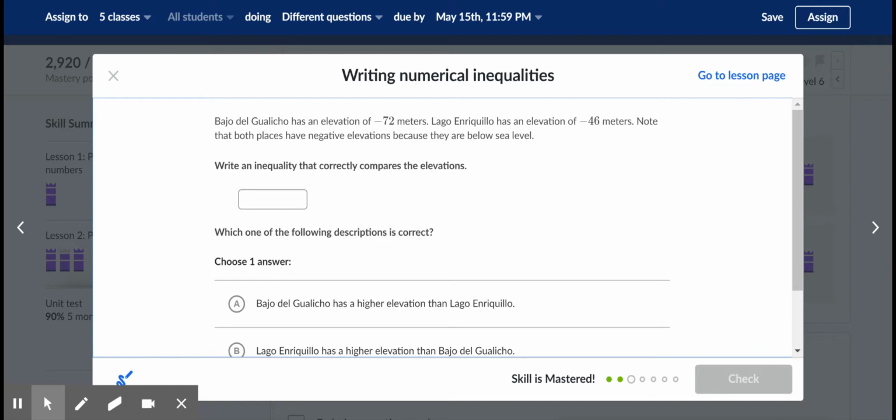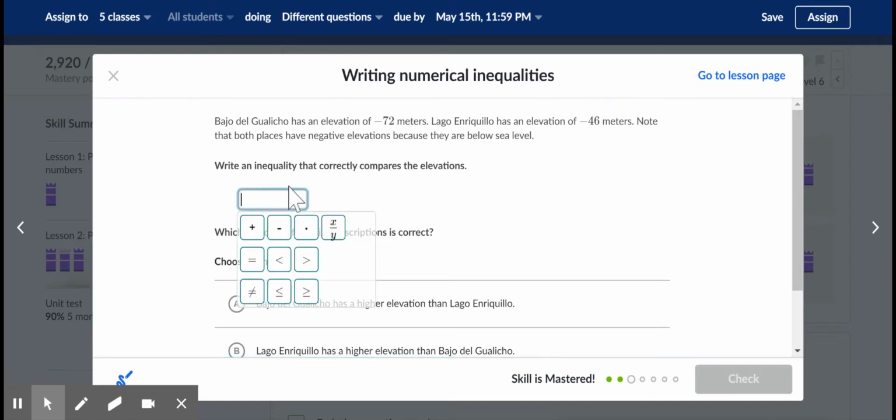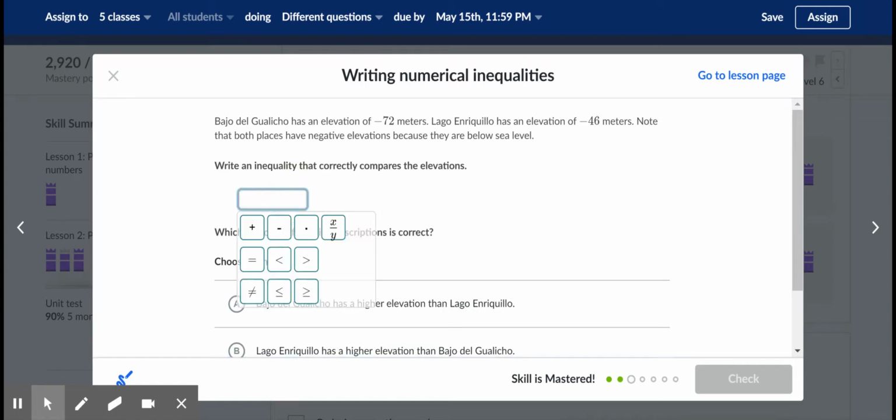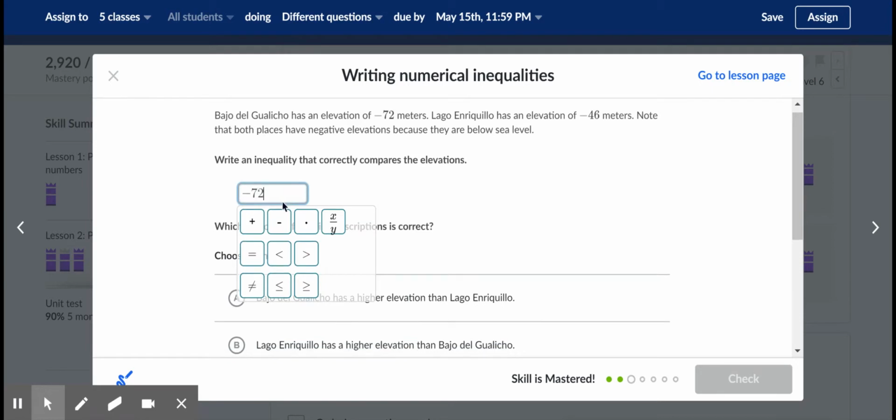So the inequality I'm going to write, since they're both negative, I know the larger negative number is farther below sea level. So it's lower. So negative 72 is going to be less than negative 46. Or I would also be right if I put negative 46 is greater than negative 72. Either one of those is correct.